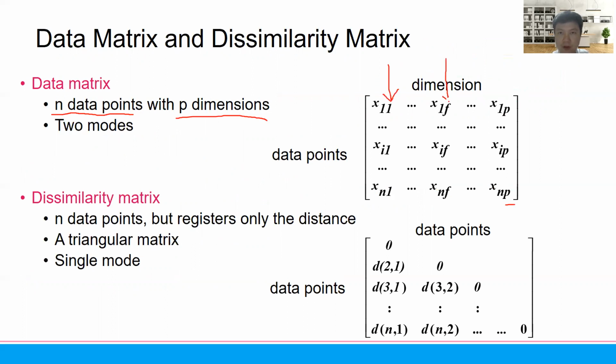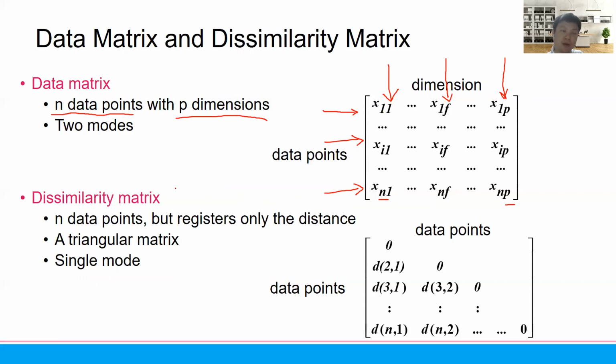I have p columns, so it is p dimensions, and I have n data points, so the number of rows will be n. In terms of the data matrix, we have two modes: the mode of data points and the dimensions.